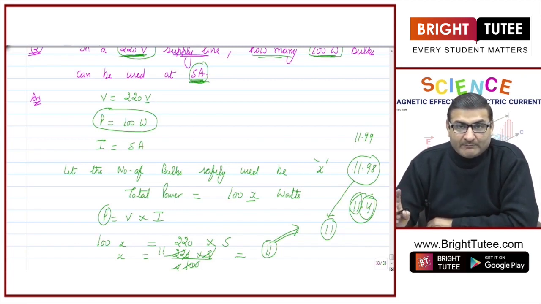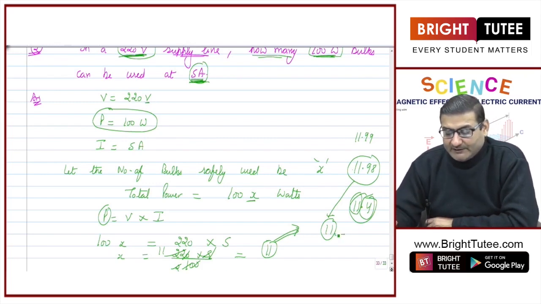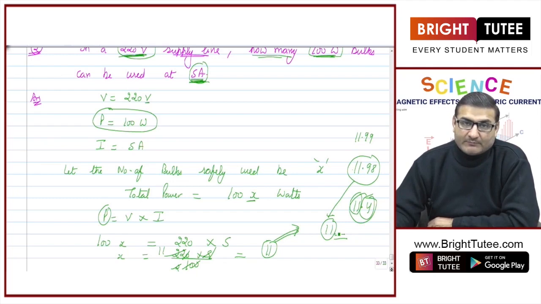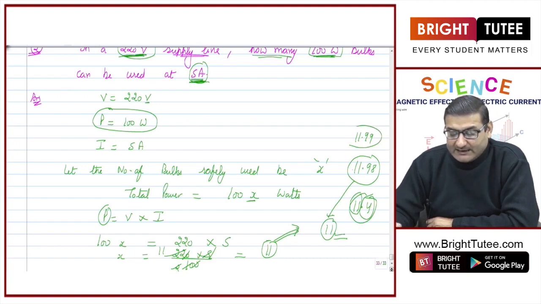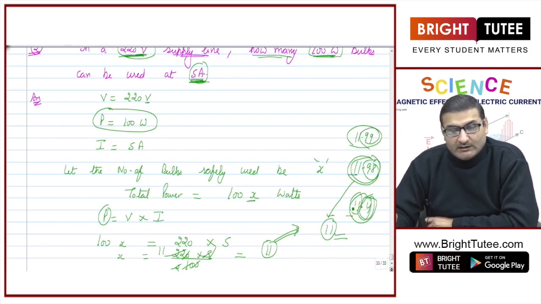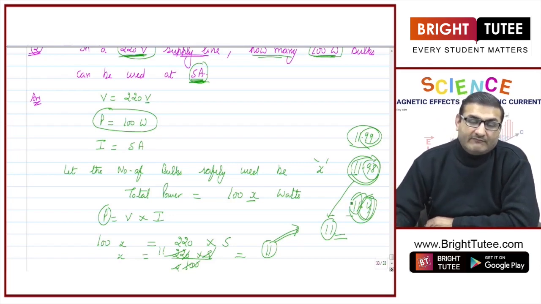So please try to remember, in this particular question we have a whole number value of 11, and the answer is quite simple. But if any question comes in which you get an answer in decimals after calculating, you will drop the decimal part and take the lower whole number of bulbs, because the moment you go higher, the fuse will blow off.